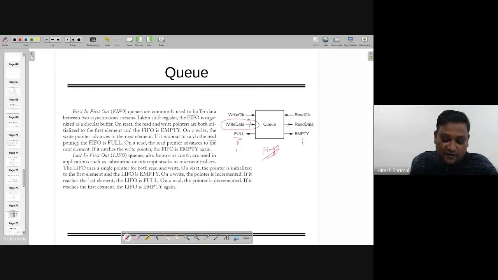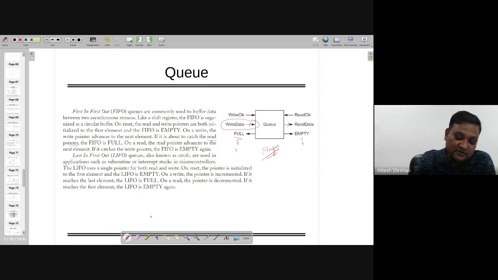Inside the queue you can have the same detail which you designed for the previous serial memories. So here you can again make a serial memory or serial register which is acting as a FIFO. And if you want not first in, first out, but last in, first out, that is actually the stack entries. Stack entries are useful in microcontrollers where stack subroutines or interrupt stacks are there.